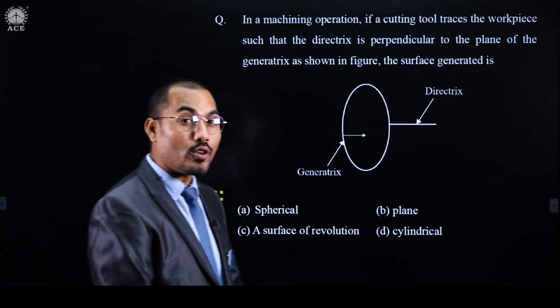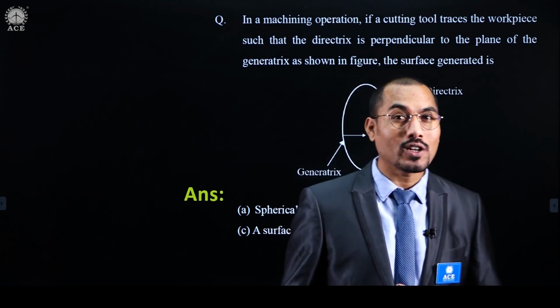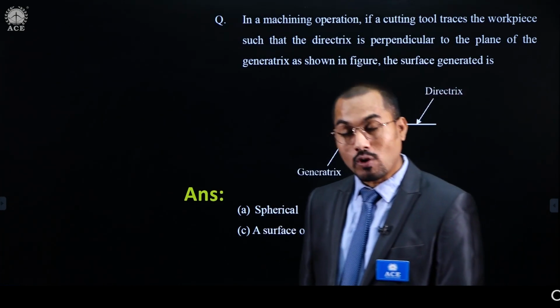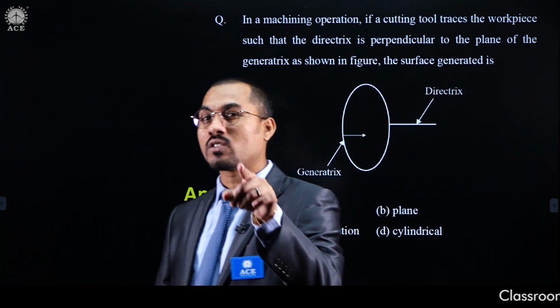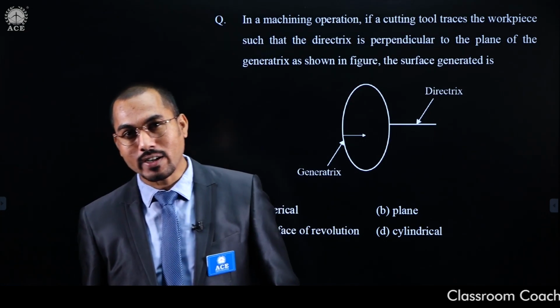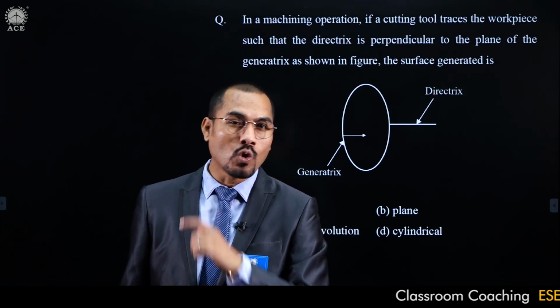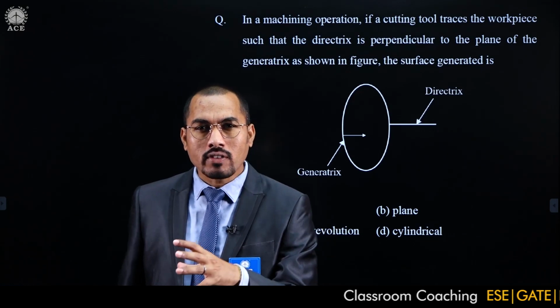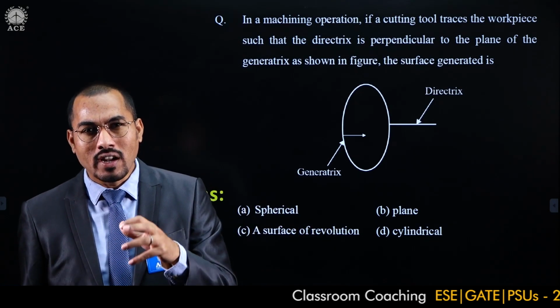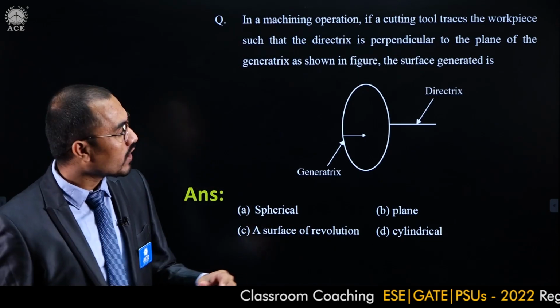Beautiful question was asked. It is just the fundamental common sense, and if I am not wrong, all the students who are reading and understanding here right now, watching this video, will correlate that. Number of times we have discussed the concept of directrix and generatrix. Let's see that.